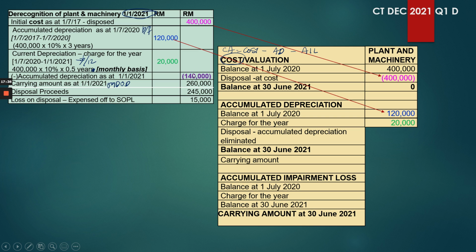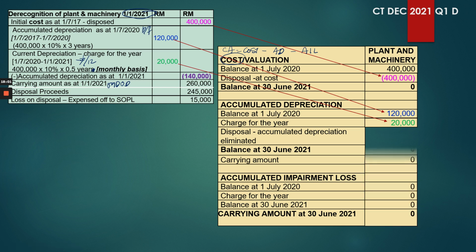Then charge for the year 20,000 is the current year depreciation for that 6-month period, 1st of July up until 1st of January, right before the date of disposal, and we include 20,000 since this is using monthly basis. If you adopt yearly basis, there is no depreciation in the year of disposal for the asset being disposed.